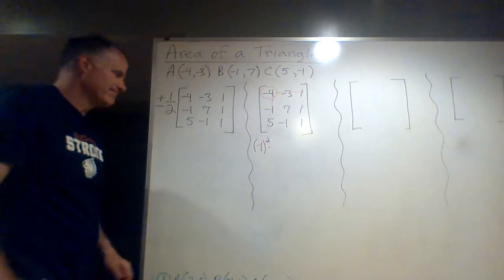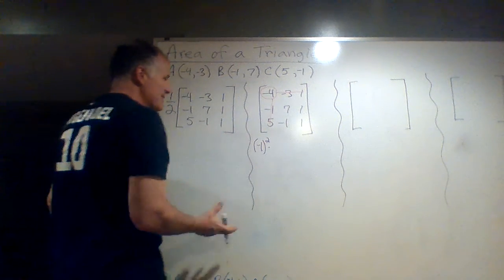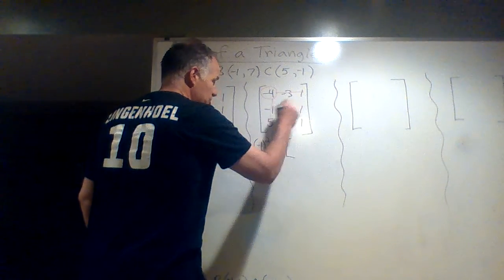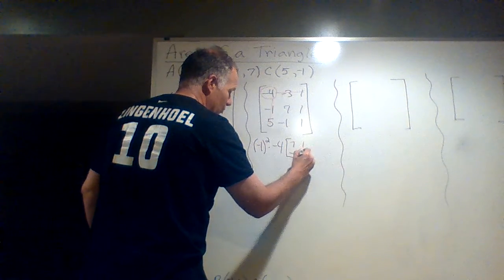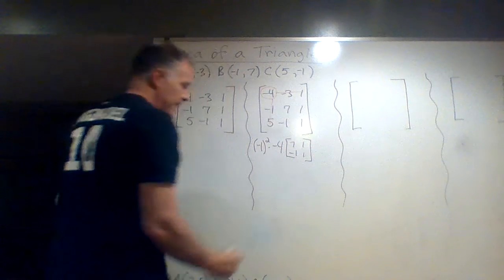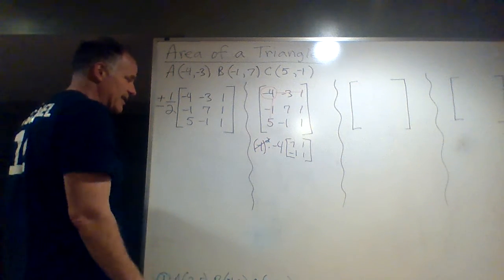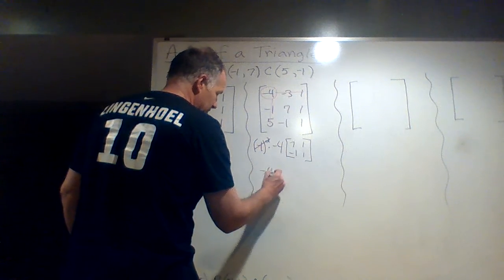Okay, again, that's not going to do anything because it's an even power, but again, this is in the formula. Okay, now we have -4 with a determinant of that 7, 1, -1, 1. Okay, again, the -1 squared cancels away because a -1 squared is +1, which doesn't do anything. Okay, I got the -4.